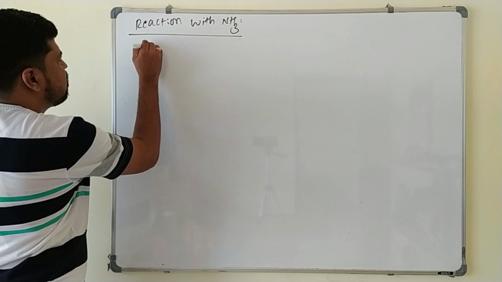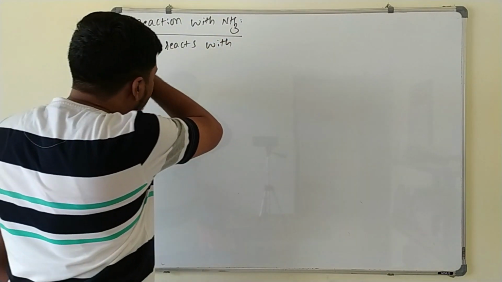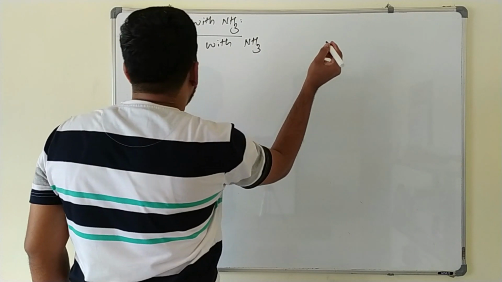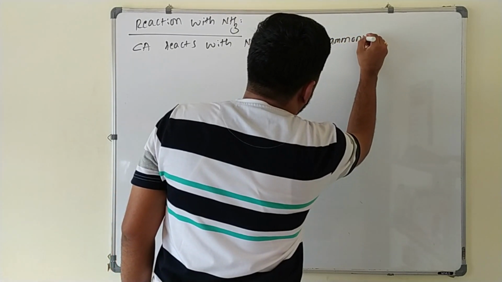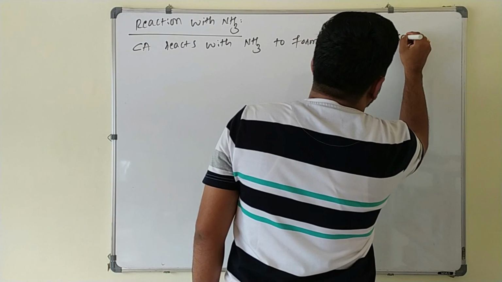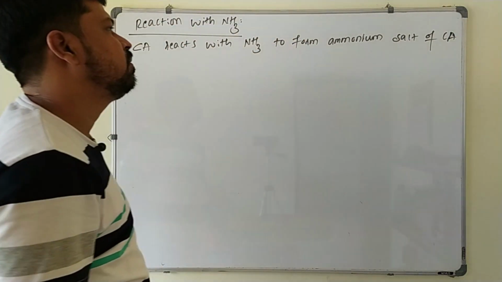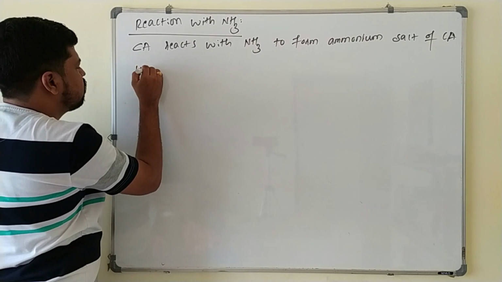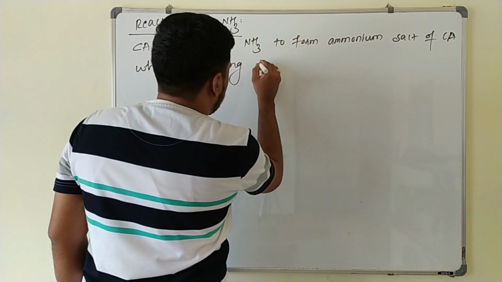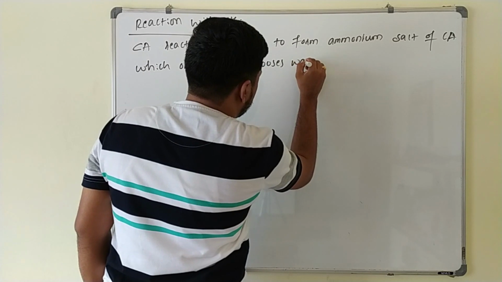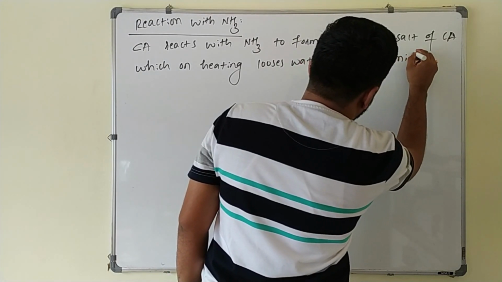So here carboxylic acid reacts with ammonia NH3 to form ammonium salt of carboxylic acid, which on heating loses water to form amide.